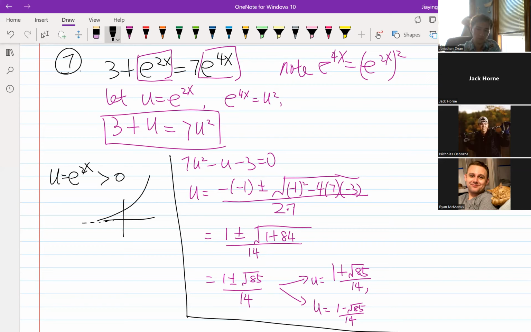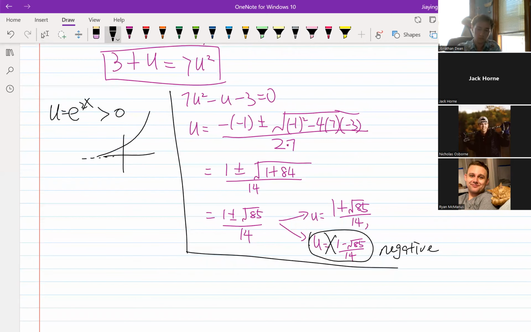It's never going to be negative. So u cannot be the second one, because that one is negative. If you think about it, the square root of 85 is close to 9, because 9 times 9 is 81. 1 minus 9 is negative, so it cannot be the correct u. So u has to be the first choice we had.